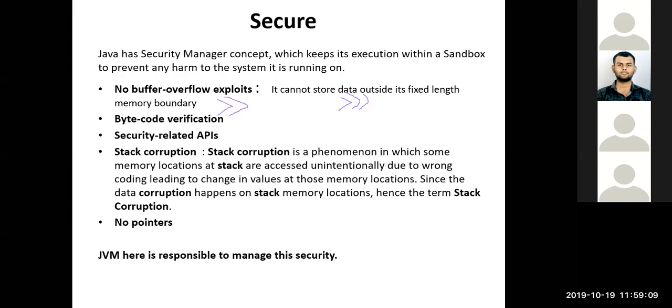It should not create any problem with other processes, right? And that sandbox is the JVM. The JVM provides a particular memory, a particular heap, a particular area to run that Java application, and it will not let that application cause any kind of problem with other applications running on the system. So in that case, this is secure.